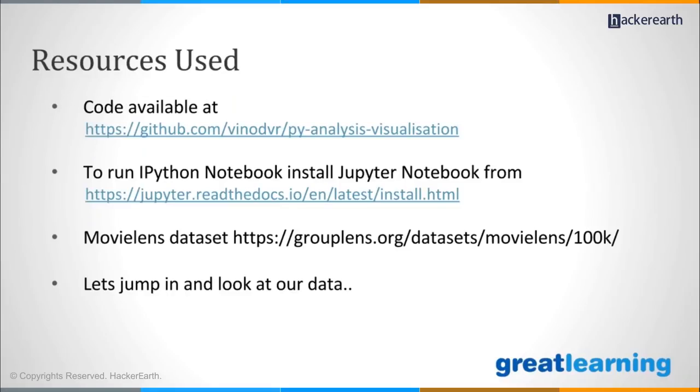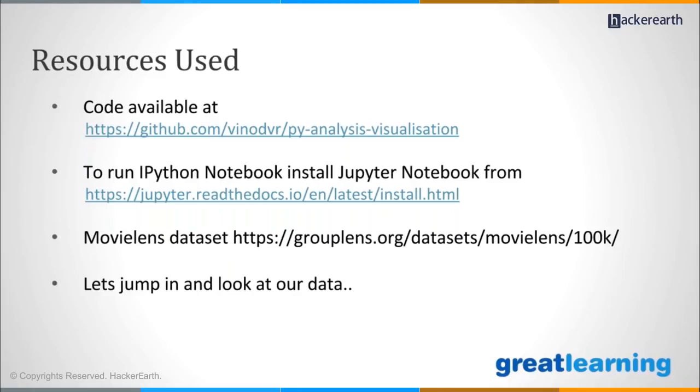All right, so what we're going to do next is jump into some Python code, which is using all these modules to answer all those questions of the data that we have. And that code I have made available on my GitHub repo. That's the GitHub repo where the code that you're going to see is available. You can download it whenever you want and run it. And to be able to run it, you'll need an IPython notebook, which is an interactive web-based mechanism of running Python code.